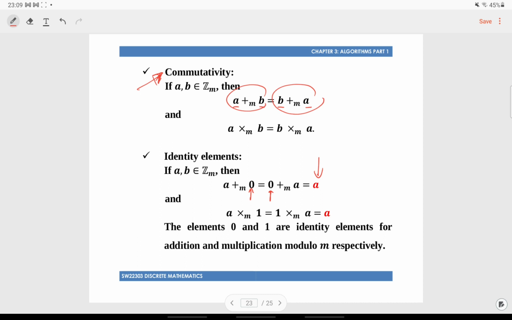For multiplication, if we multiply any number inside the set of integers modulo m by 1, we obtain the original value a. Whether a times 1 or 1 times a, the outcome is still a. That means 1 is an identity element for multiplication modulo m. So remember, the identity element for addition is 0 and the identity element for multiplication is 1.